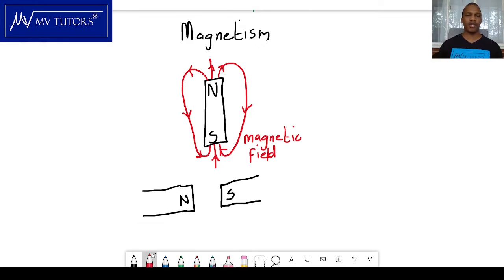So it means that the magnetic field flows from the north to the south, just like that. Now you have to know this. It's absolutely critical.